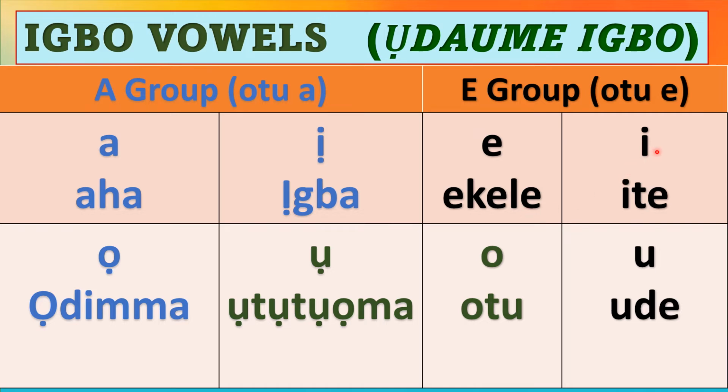Ite, that is pot. Then we have otu. Otu is one. And we have u as in ude, that's cream.